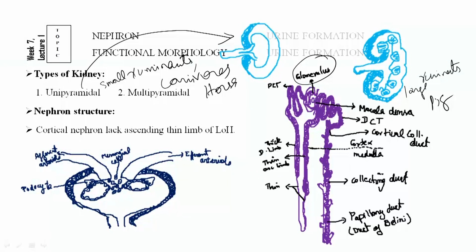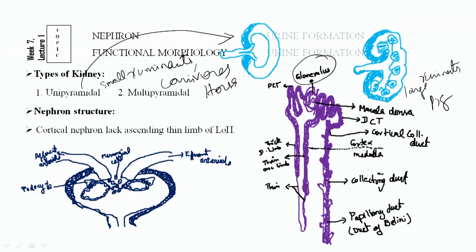So from the proximal straight portion, it will continue as a thin descending limb, which is followed by the thin ascending limb, followed by the thick ascending limb of the loop of Henle, and it will continue as a distal tubule, the distal convoluted tubule, and later on it will go as a collecting tubule or the collecting duct, you can say.